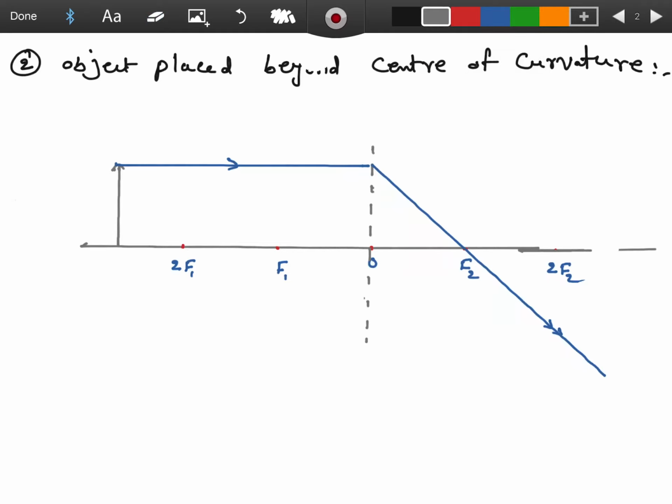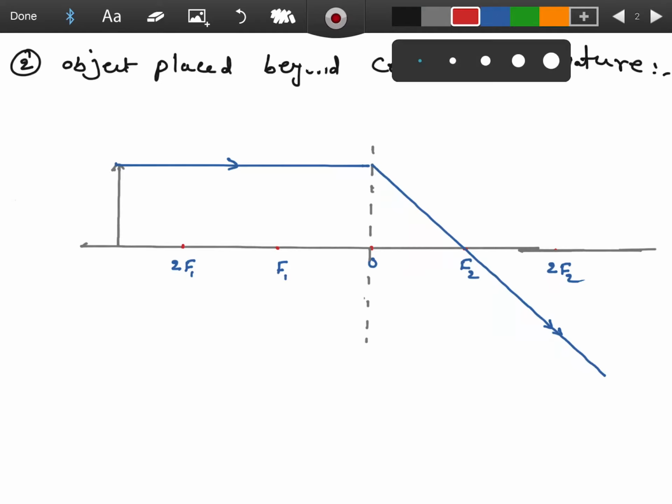Now, to trace the image, minimum we need 2 incident rays. Now one more light ray I will take. That light ray is passing through the optic center. Any light ray which is passing through the optic center will have no deviation.